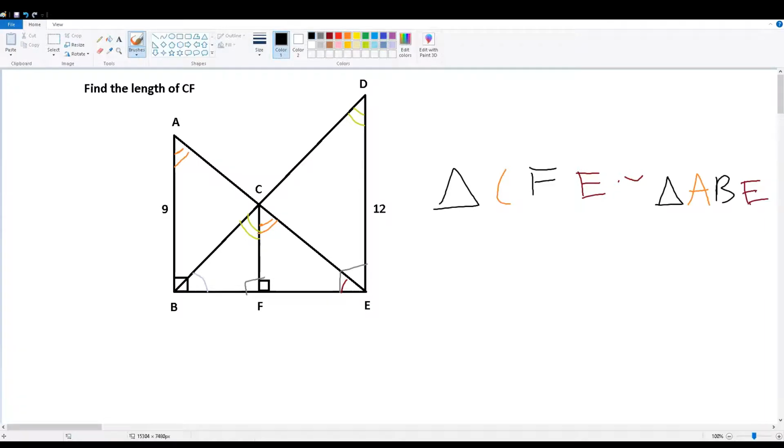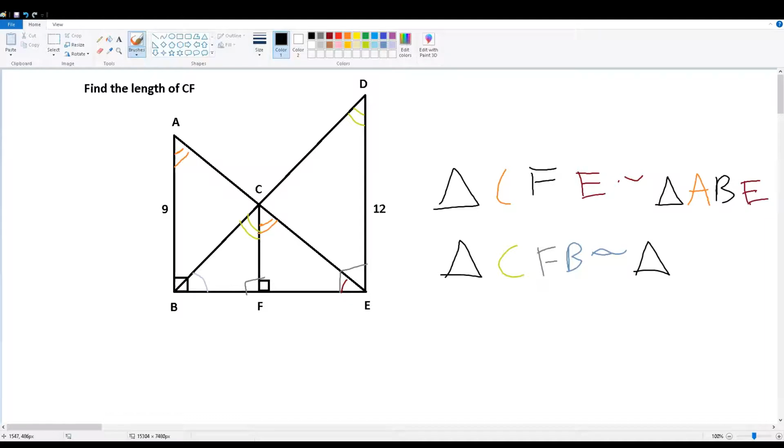Okay, so triangle CFB is similar to triangle DBE.